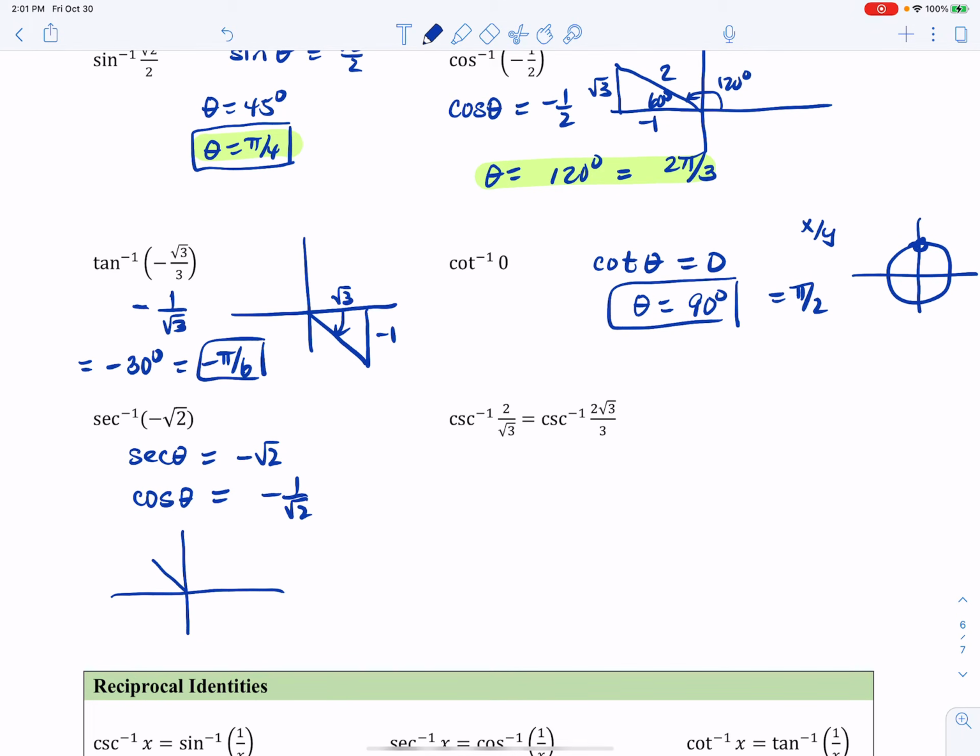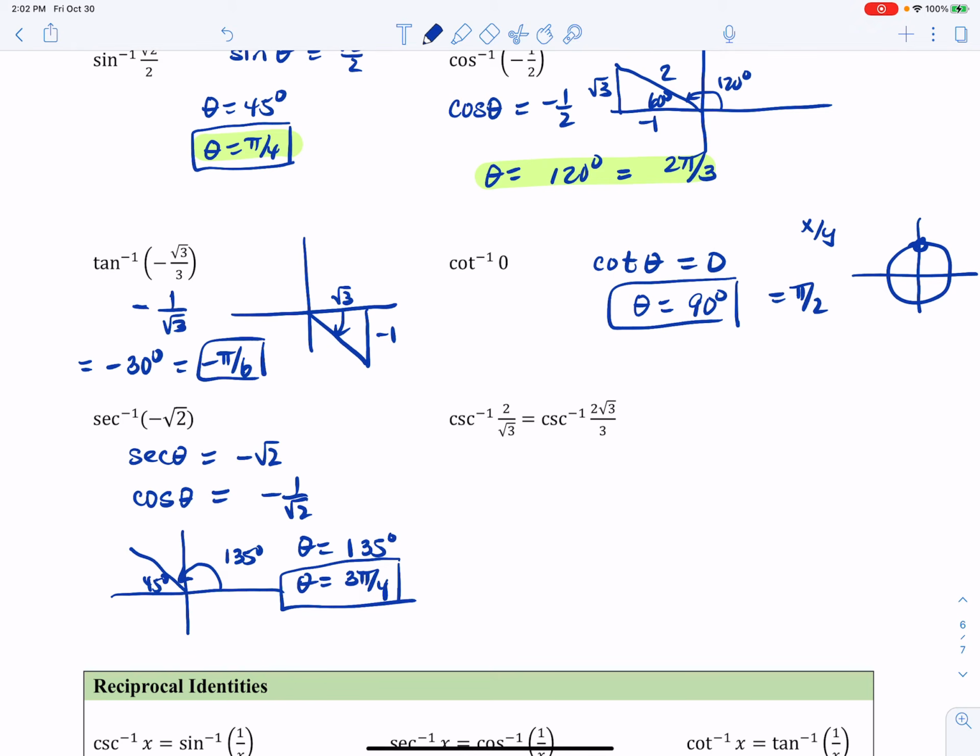Since cosine is negative, it's 2. And 1 over root 2, you might remember, corresponds to 45 degrees. So that means our angle is 135. So theta is equal to 135 degrees, or if you convert to radians, 3 pi over 4. And that's all there is to that.